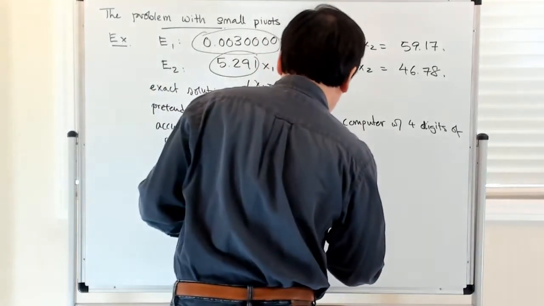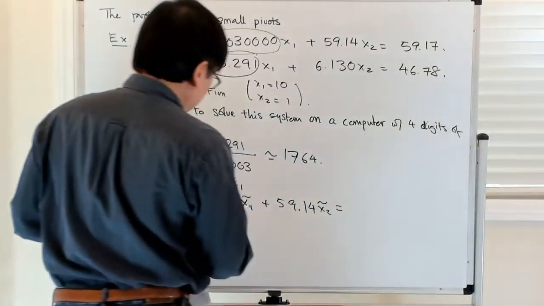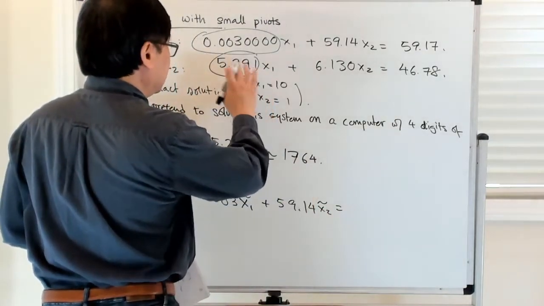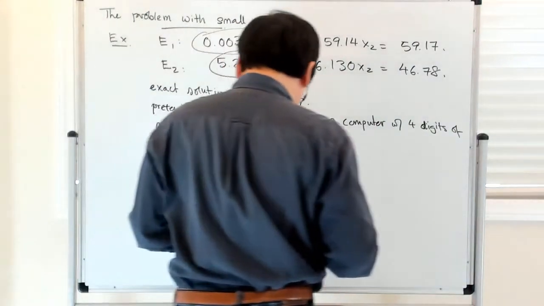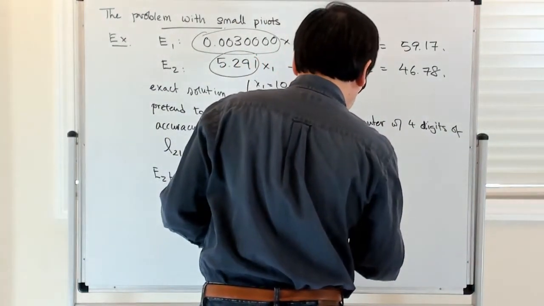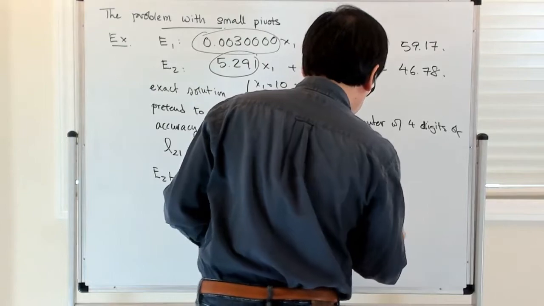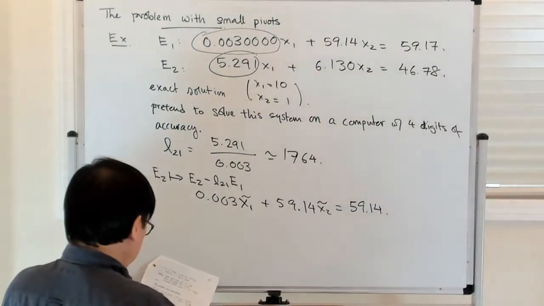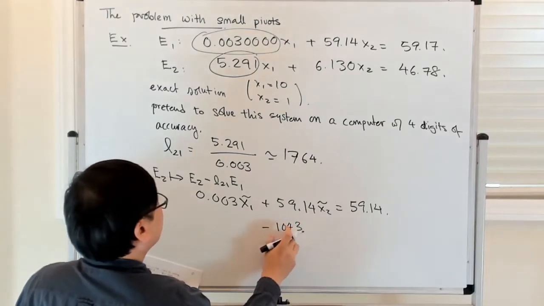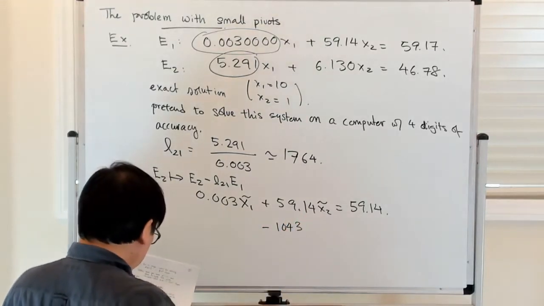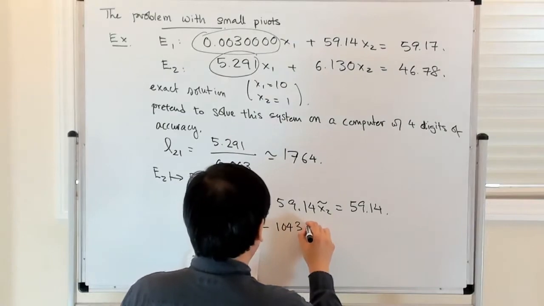In particular, x1 tilde and x2 tilde are not going to give me the same answer as x1 and x2, as we'll see in a little bit. That's the first equation, and the second equation looks like minus 1043. Again, I'm only storing the first 4 digits and throwing the rest away.